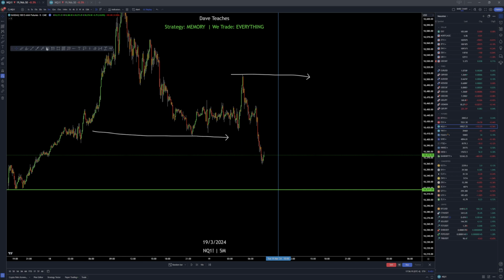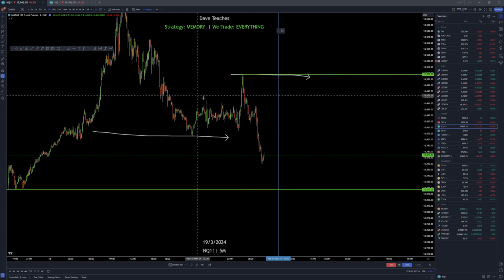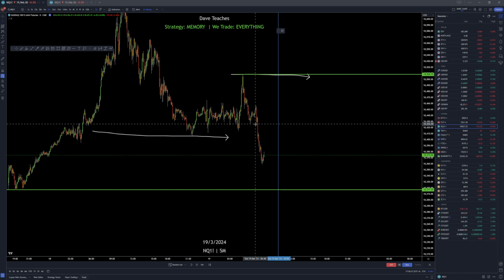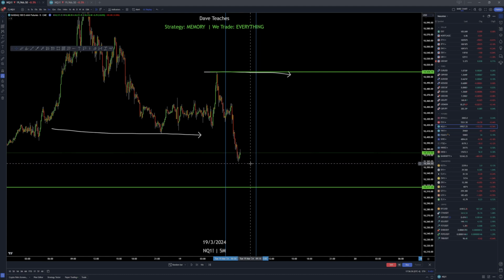We know that this is a 4-hour high right here, with this being a new 6 o'clock candle. What is the job of the 6 o'clock candle? I don't know.